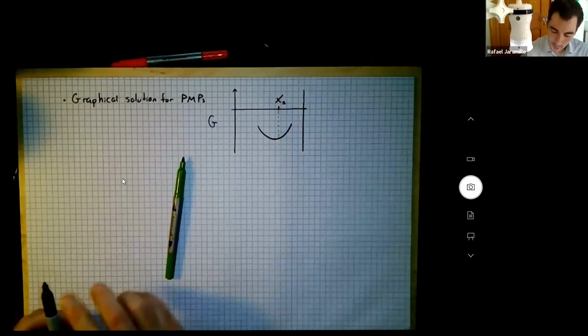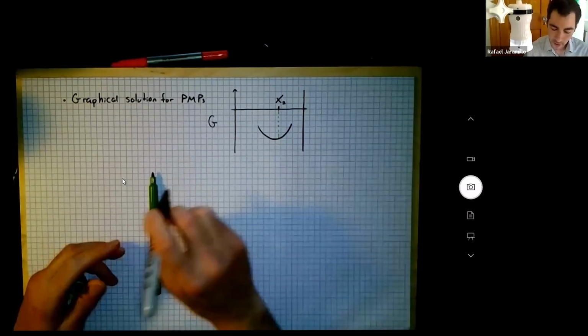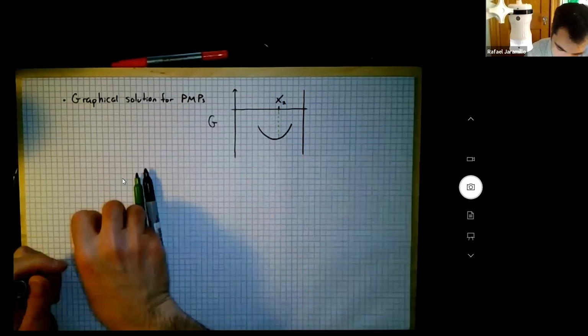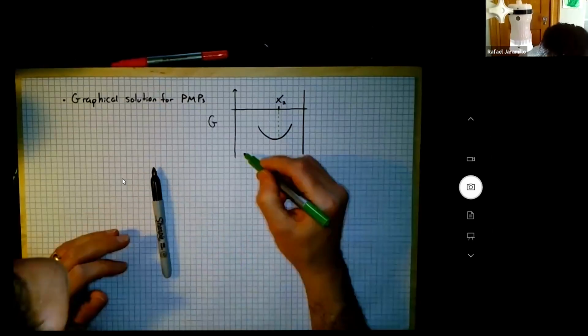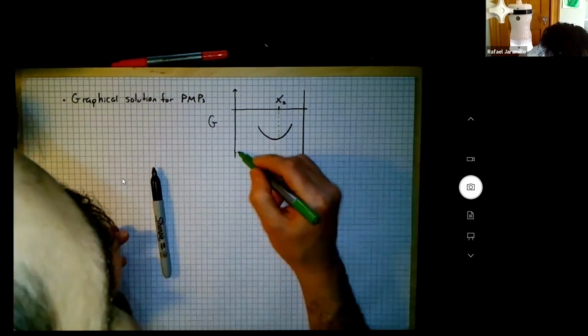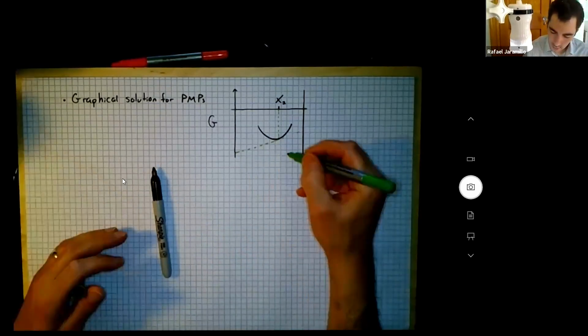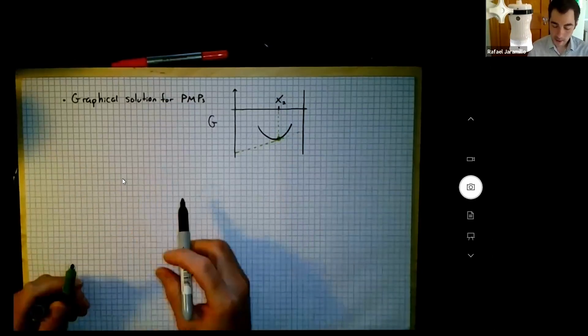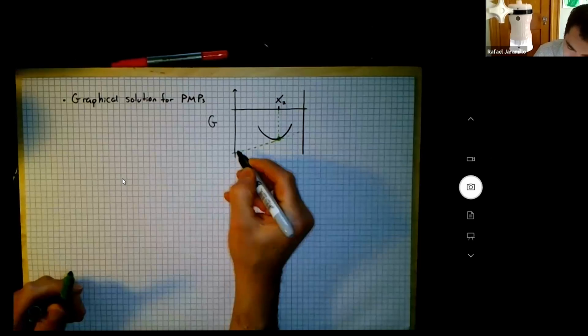The way that we found the partial molar Gibbs free energy of mixing was we drew the tangent to the solution model at that composition. And the intercepts were the partial molar properties of mixing.